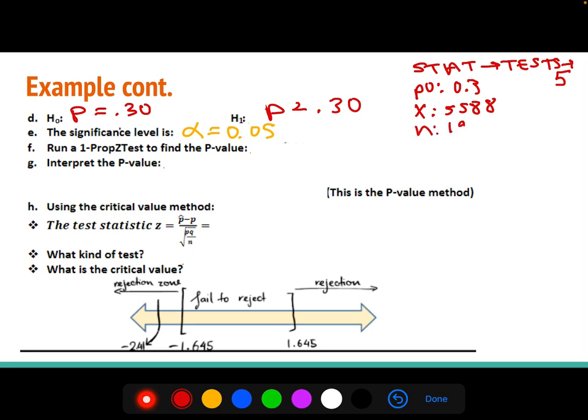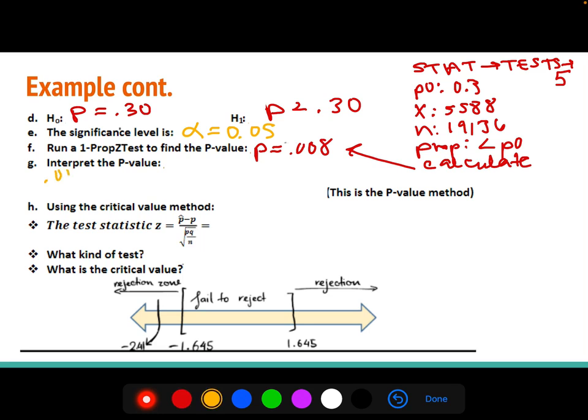In 19136 population, your prop is going to be less than, and then you'll of course calculate, and it'll tell you some information. It'll tell you the P, and it'll tell you the Z score at the same time. So in this case, from running that, you get P is 0.008.